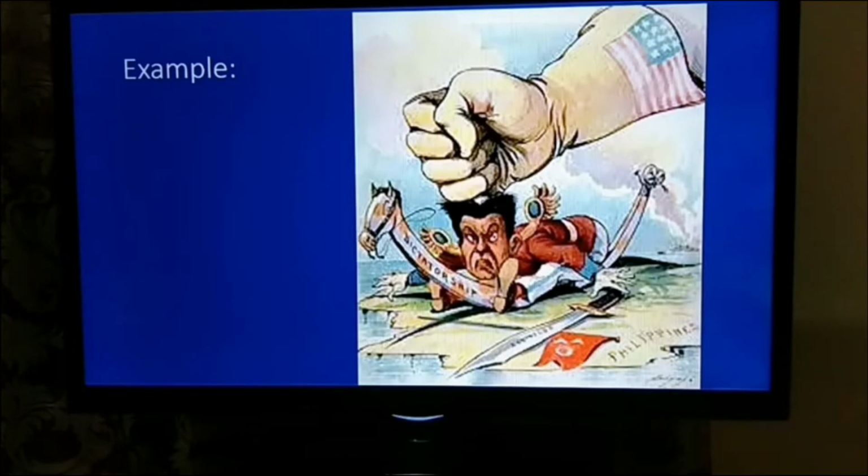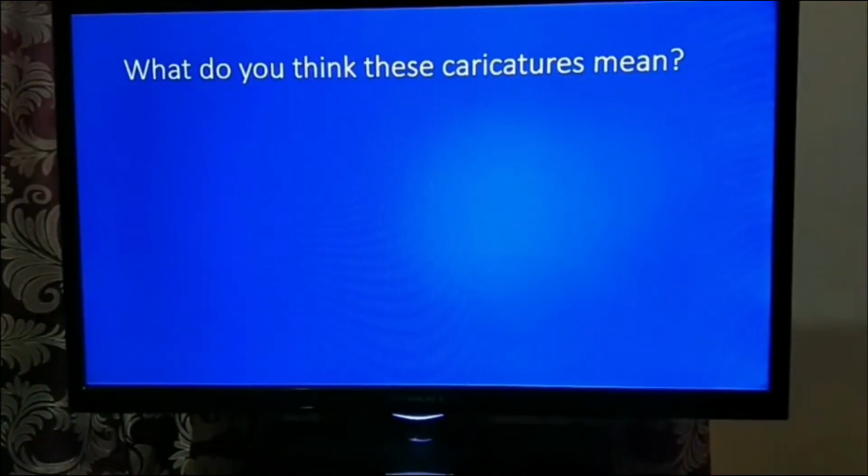Clear? Okay, so now that's just a sampler. I will now show you 10 caricatures which appeared in newspapers during the American colonial period in the Philippines. So therefore, what you will see come from very, very old newspapers.